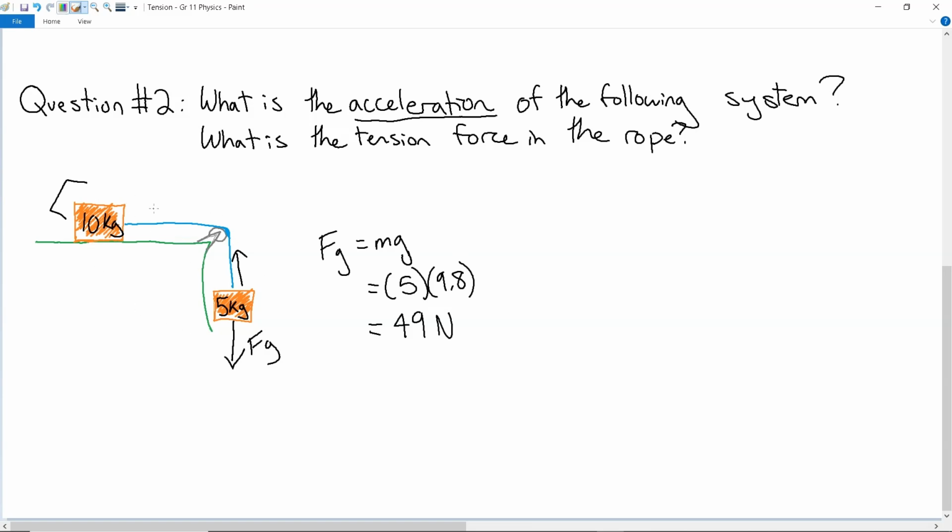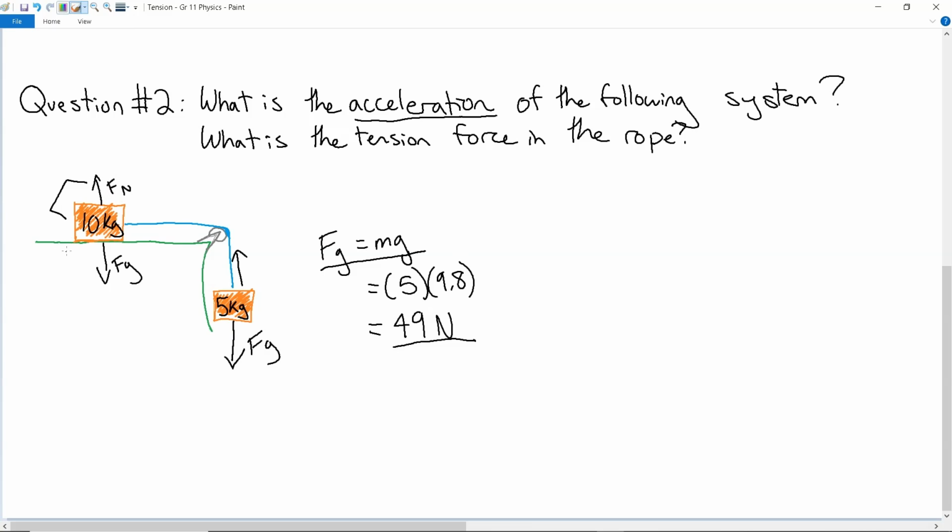And so in order to figure out tension and also acceleration, which is the first part of our problem, we need to think of the masses together. But the force of gravity that we've solved for is still useful, because the force of gravity in this scenario is going to be our F net, because it's really the only force that can cause motion to happen. This mass also has Fg, but we have a normal force that's counteracting that.